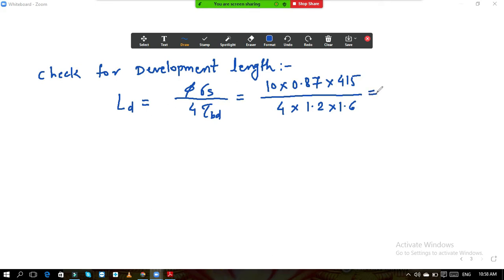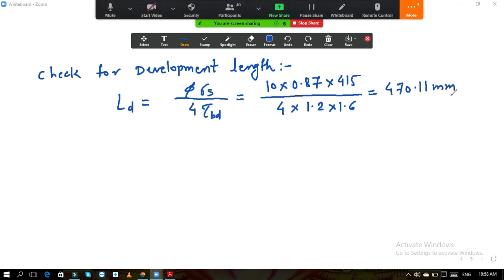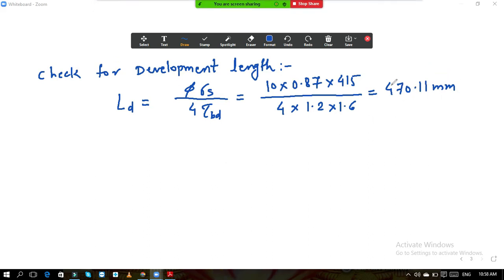After solving this, it is 470.11 mm. This is the development length. We will round up this length to 475 mm. So this is our development length. Now calculate LD1.